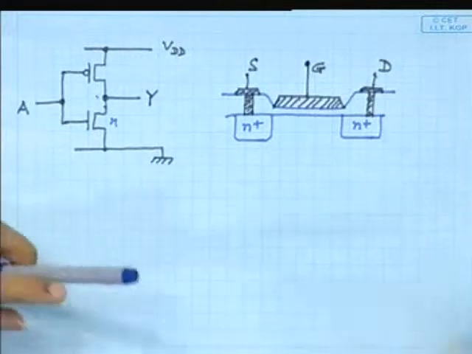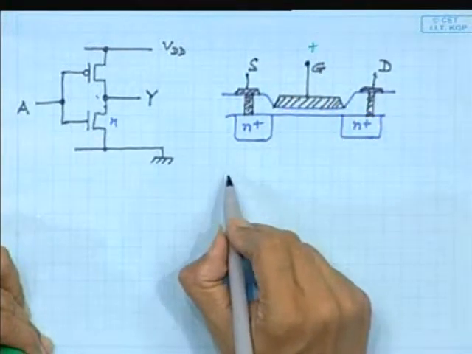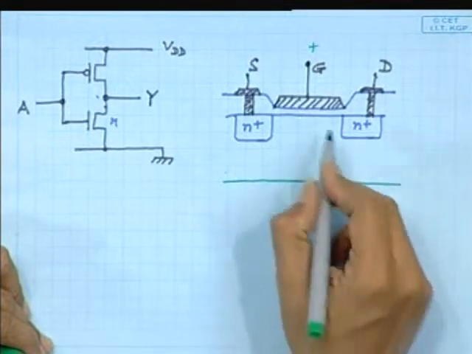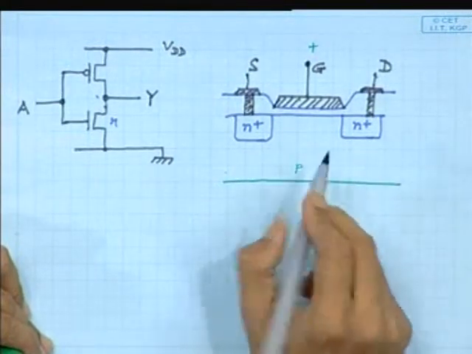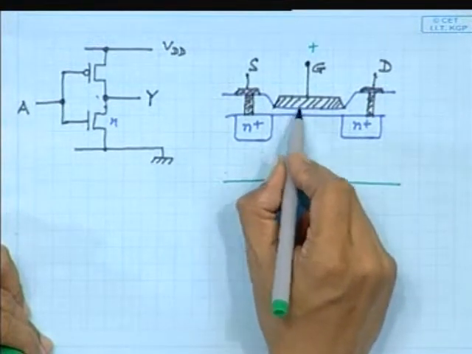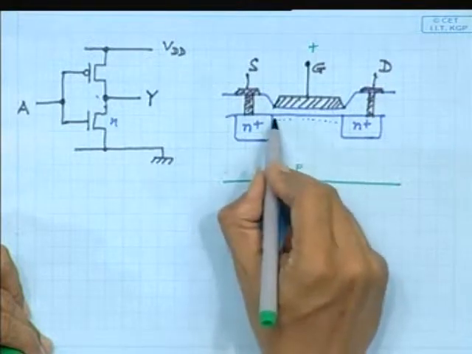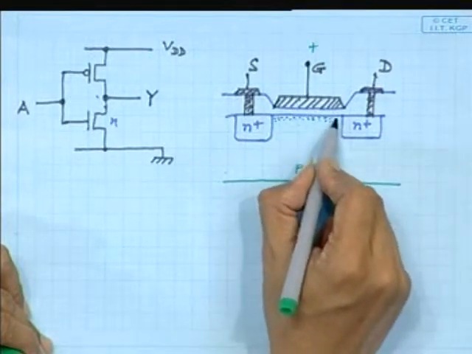So whenever we are applying say a positive potential here with respect to the source or the substrate, then since substrate is P, the minority carriers are the electrons, they will get attracted towards gate, and as a result they will be flooding the channel over here.